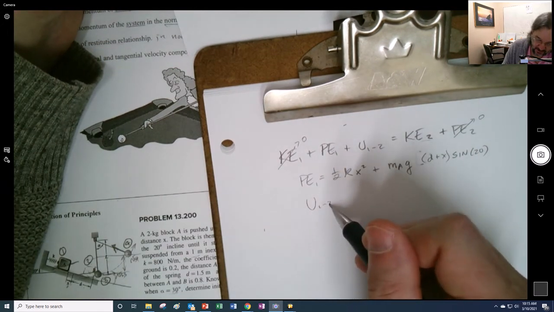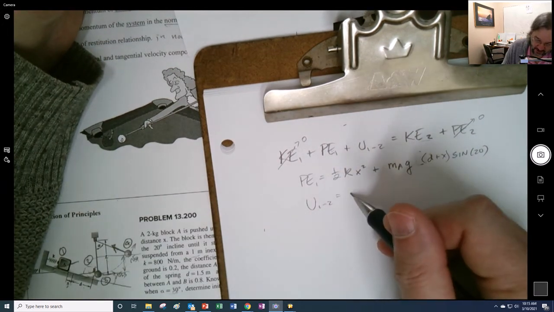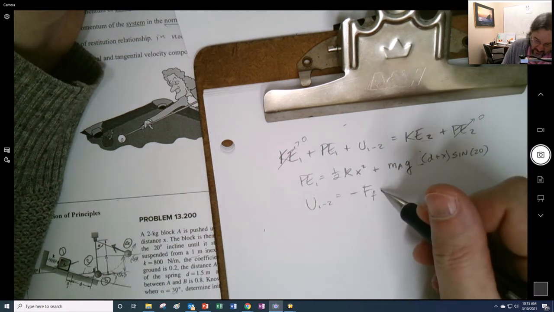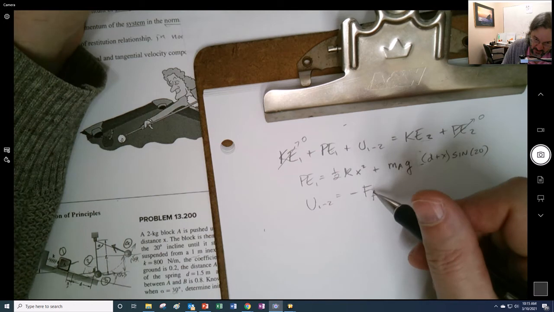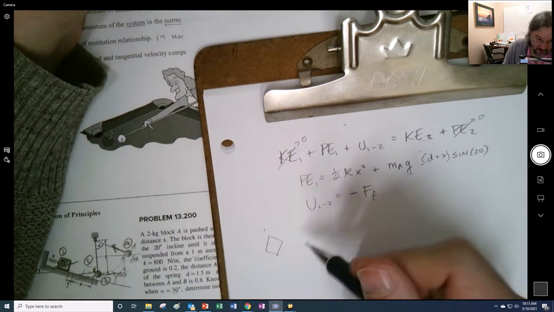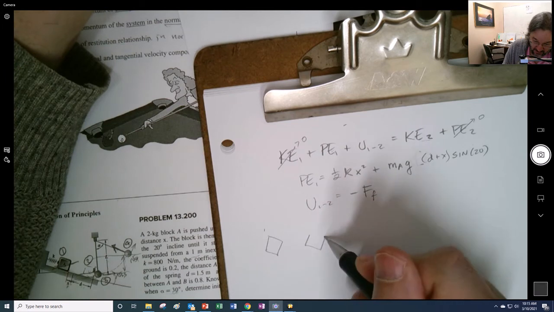The amount of expended energy here is going to be negative coefficient of friction. Well, not coefficient of friction. We need to actually do a little FBD, little thing right here, right?